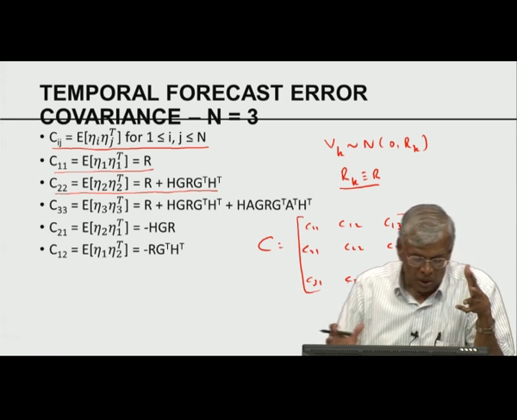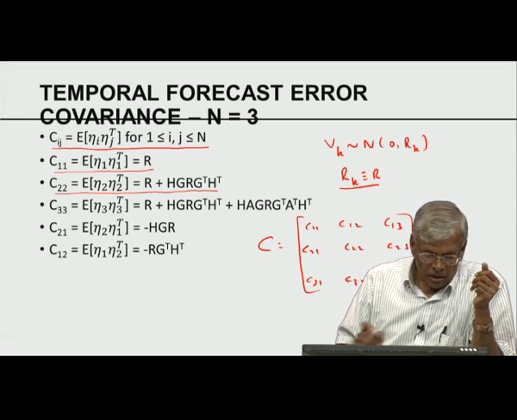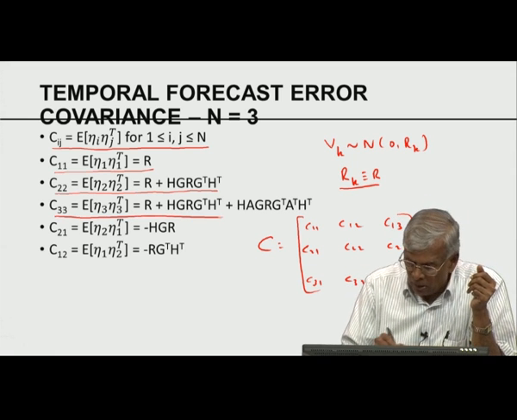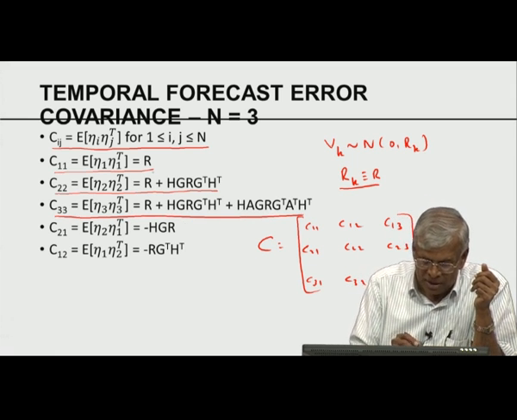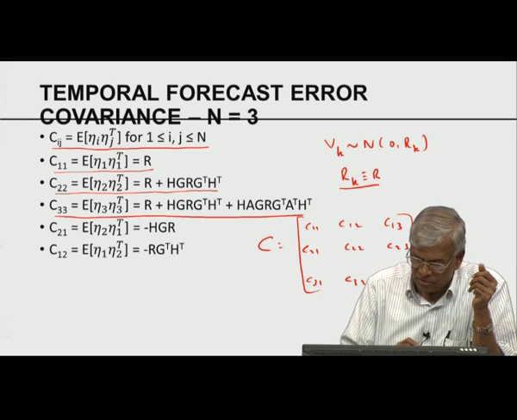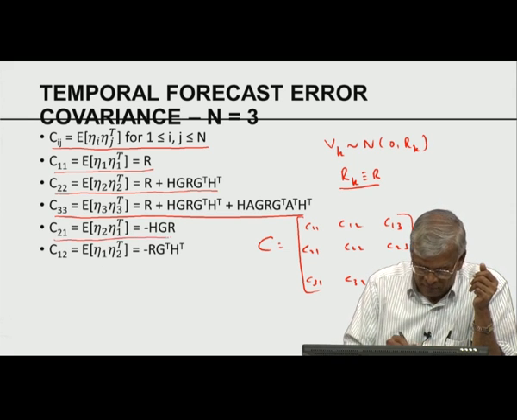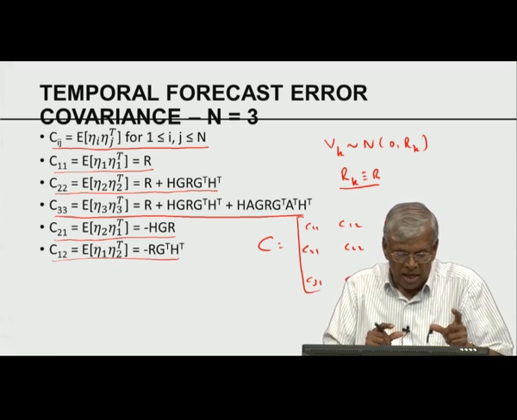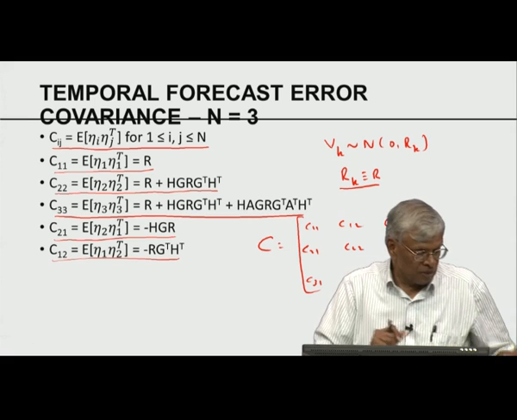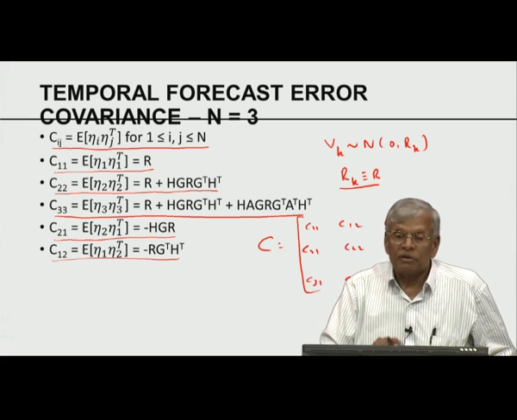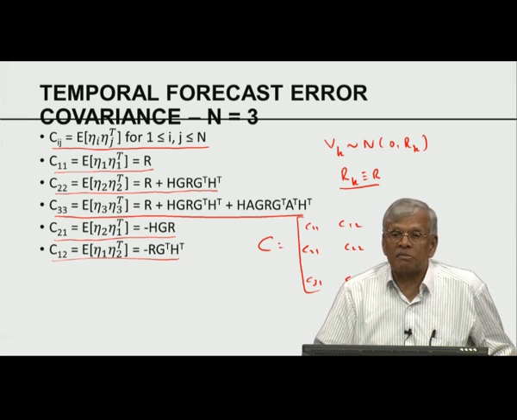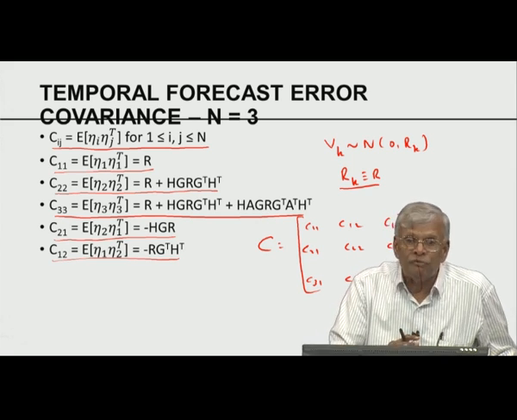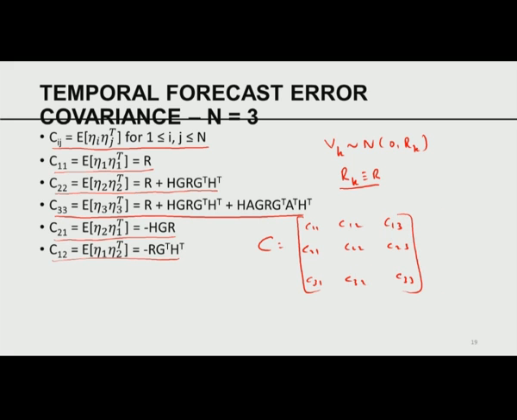So I am going to compute all of these elements. You can see I have computed all of these elements like this. Look at this now, R plus this, R plus 2 terms, C21, C12. Now look at this, C21 and C12, they are transposes of each other. We will talk about the symmetry of the resulting matrix in a minute, but I am trying to give you the exact expressions for the C's.